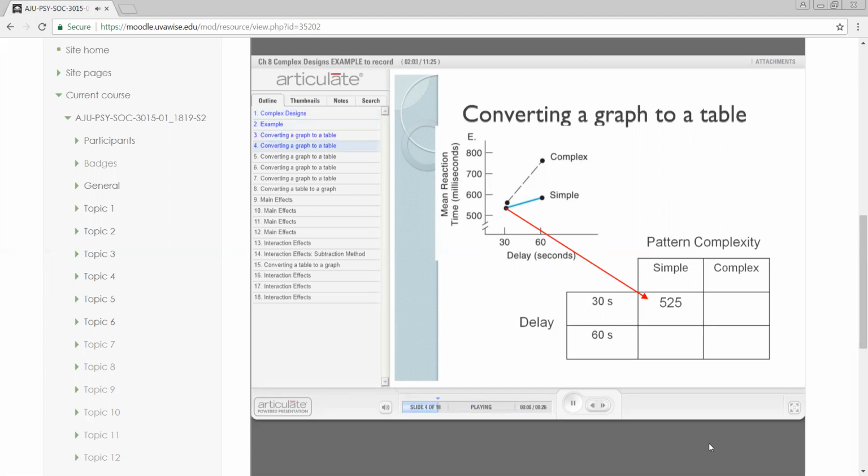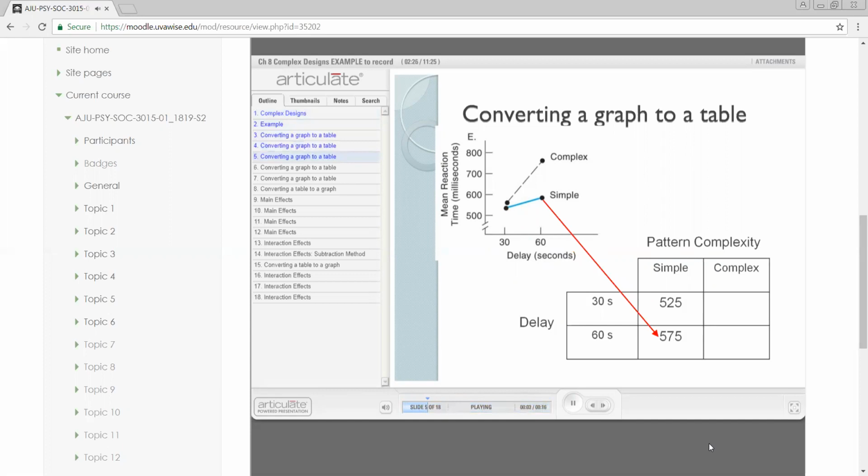So we can look at the dot that's indicated here. It's for simple pattern at 30 seconds delay, and it looks like that's about 525 in terms of the reaction time. So I can transfer that to my table to the appropriate box for the condition that got a simple pattern complexity with a 30-second delay.